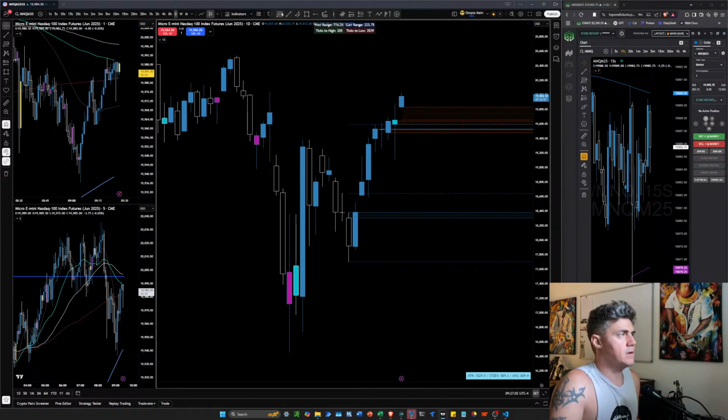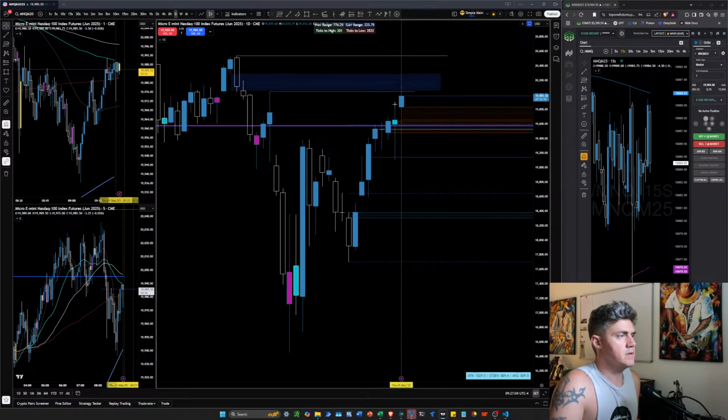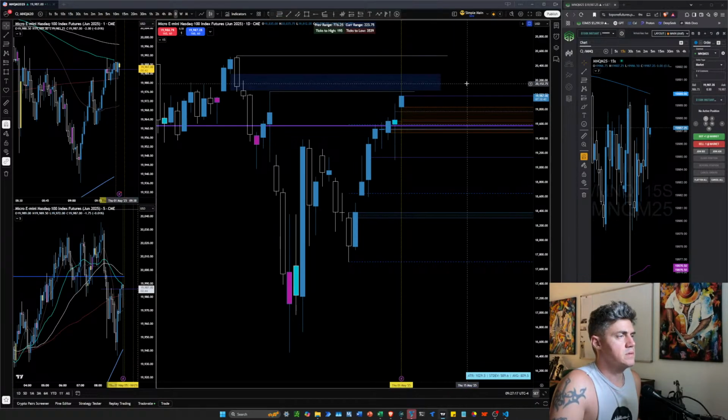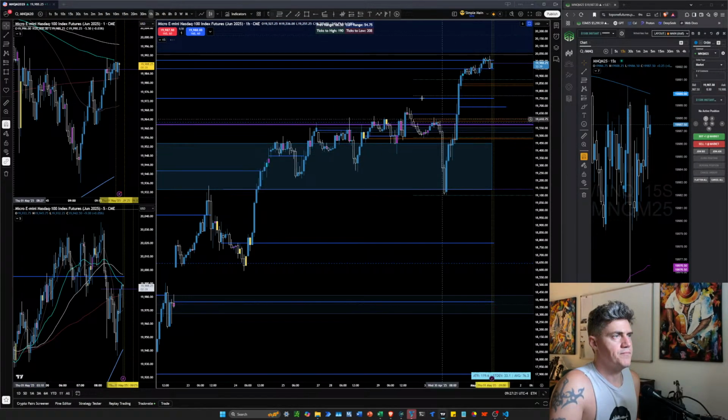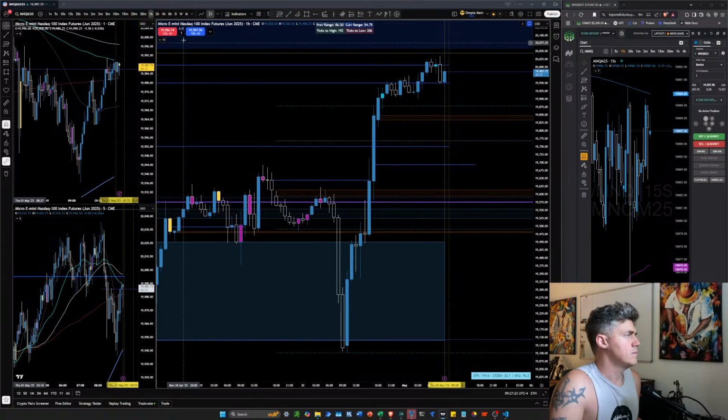So big gap here, consequent encroachment of this daily wick. Where is it? Consequent encroachment, daily wick to, let's go down to an hourly. Let's see here. Get rid of this, get rid of this, get rid of this.